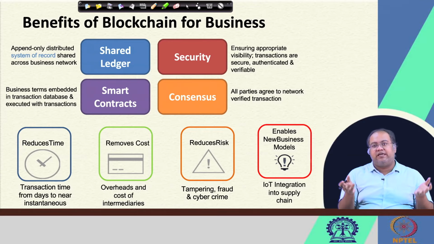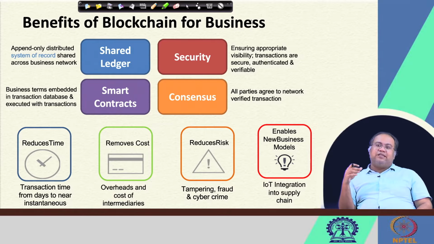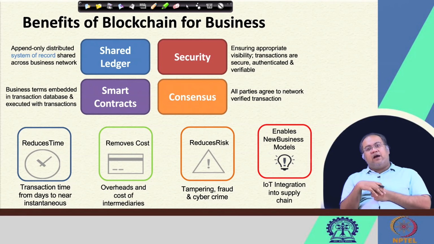So, you can possibly integrate an IoT system with your supply chain, where the IoT will continuously monitor the state of the individual products that are being supplied, and that information can get logged in the blockchain, which can automatically trigger the smart contracts depending on the state of your product.